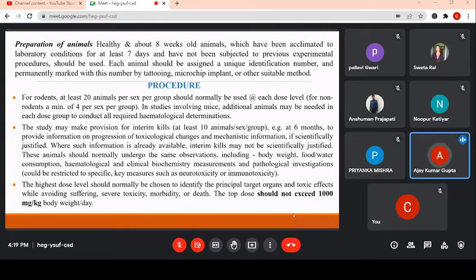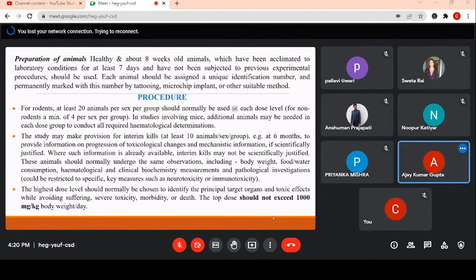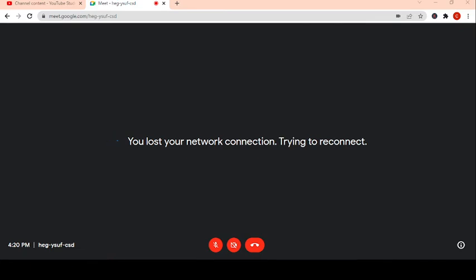Where such information is already available, then if there is a certain type of repetition in the same laboratory or on the basis of the existing literature, interim kills may not be scientifically justified. So the term 'if scientifically justified' for interim kills has been taken for your kind consideration: interim kills are not justified if such information on the same chemical is already available, or if there is a repetition.